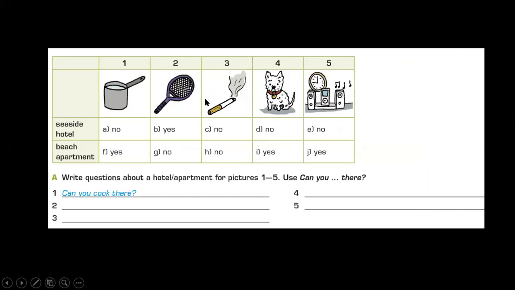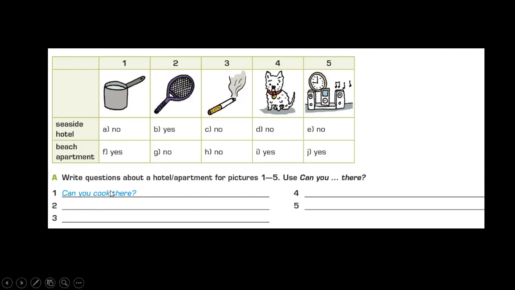Cada número me da como que el contexto de lo que puede ser la pregunta sobre. No todos tienen que tener la pregunta igual. Por ejemplo, aquí yo tengo una pot, una ollita, y no tengo nada que ver con ollita aquí. Nada más dice cocinar. Can you cook there? Entonces, lo que van a hacer es poner la pregunta y la respuesta dependiendo en lo que se basan. Por ejemplo, repito, en la número 1 se están basando en el pot, right? En la ollita. Entonces, lo están usando como cocinar.